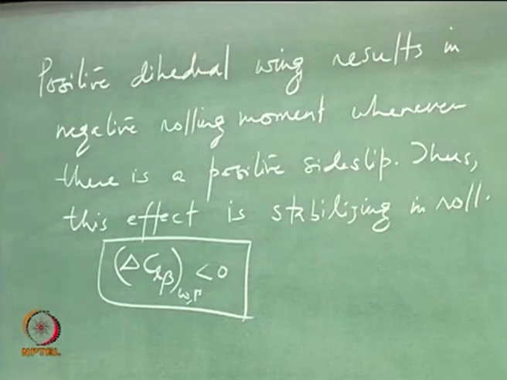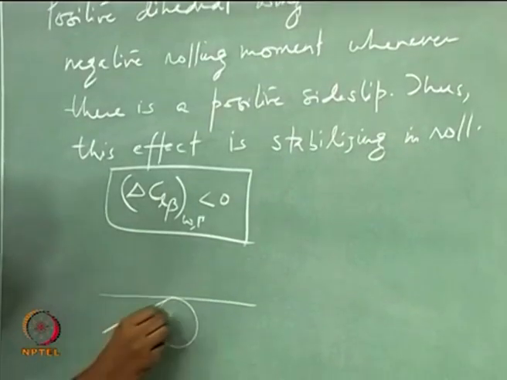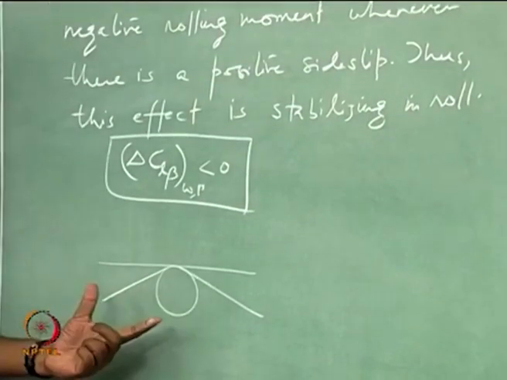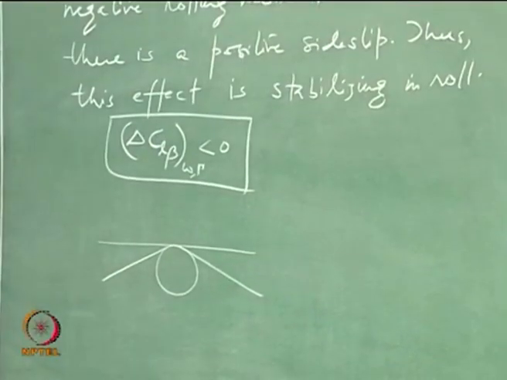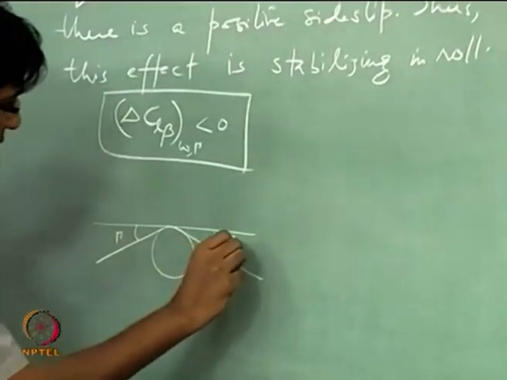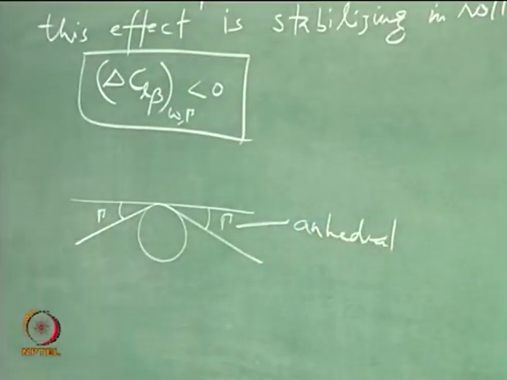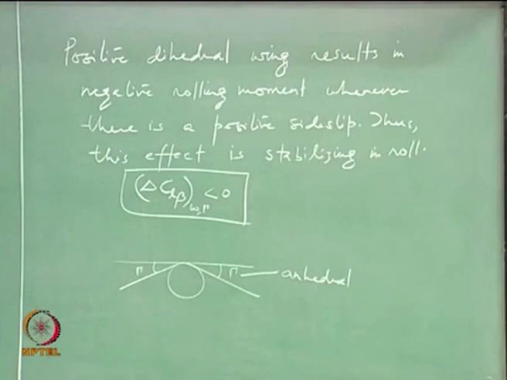All right. So, now I do not need to tell you, you should figure this out, that when the wing is having anhedral, making an angle with this, so anhedral is this, wings drooping down, and there is going to be a destabilizing effect on it.